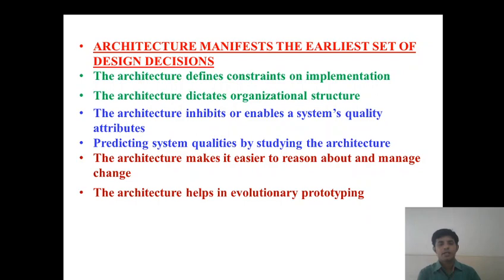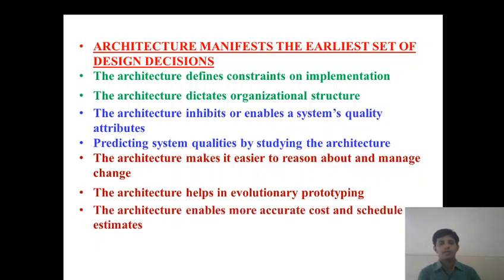The architecture helps in evolutionary prototyping. Nothing but the model: before coming into practicality, we will observe the model. The architecture enables more accurate cost and schedule estimates. In the architecture, the architect gives how much it will cost and within how many days your project is going to be completed.